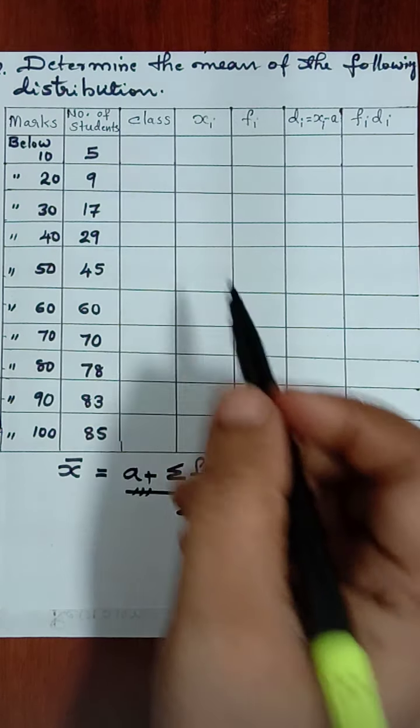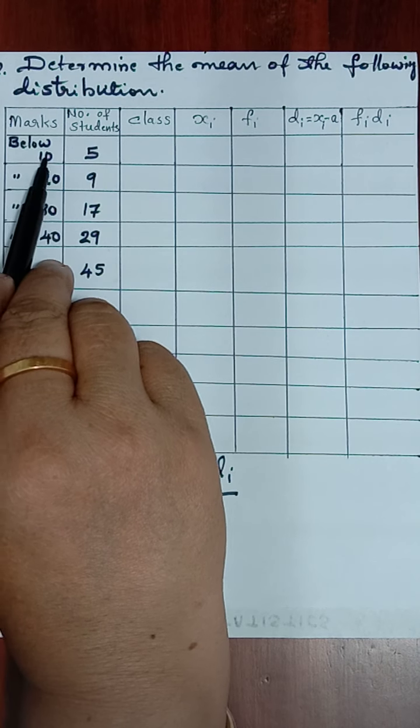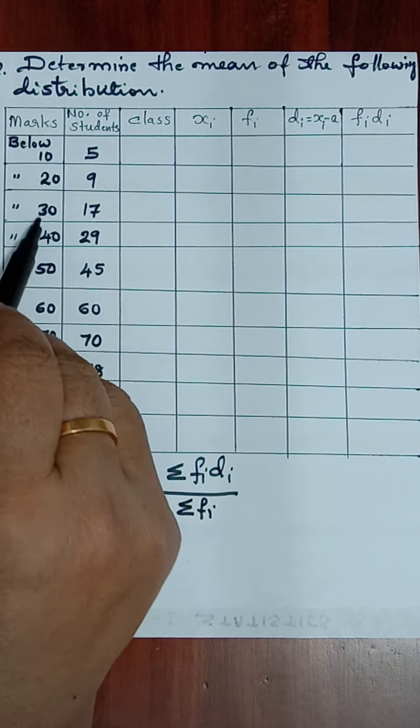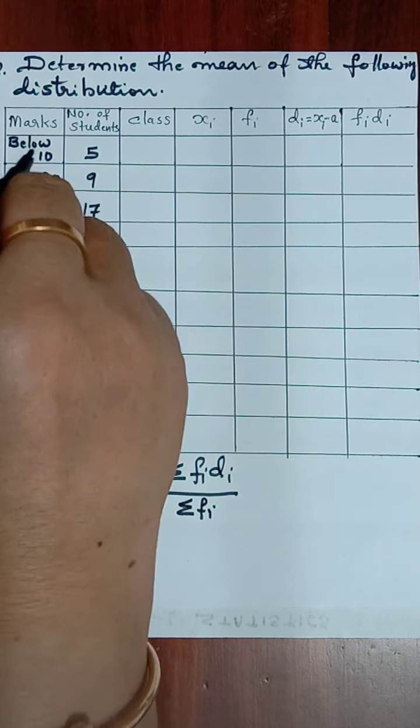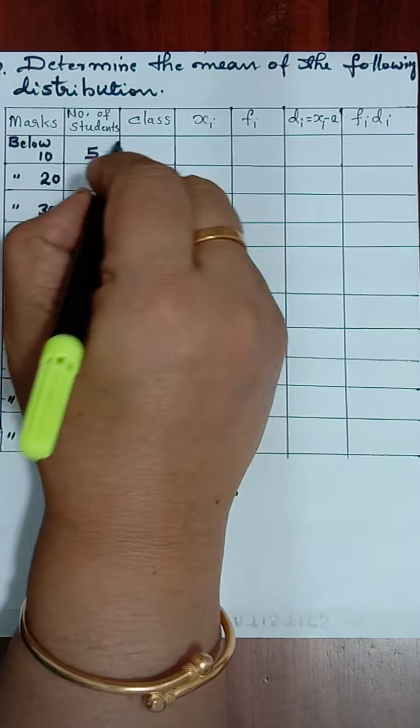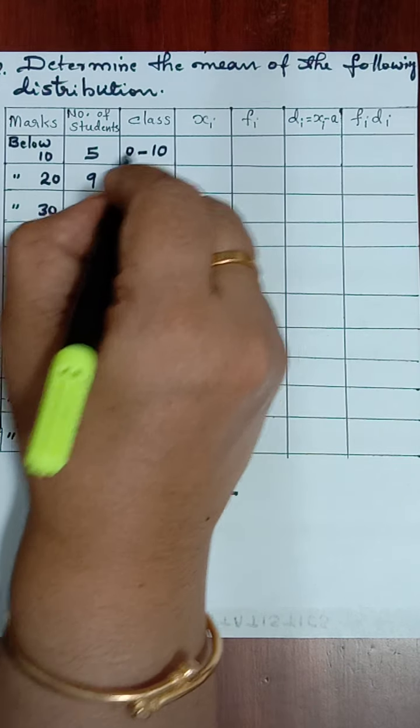Okay. So here we have below 10, below 20, etc. Here you can see the class size is 10. So our class will come: below 10 means 0 to 10.